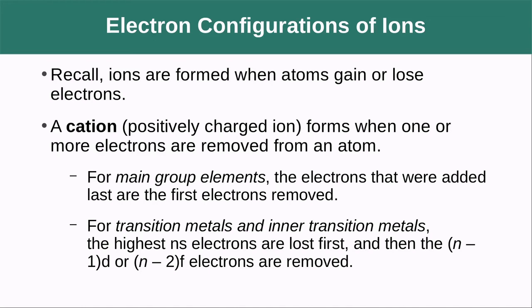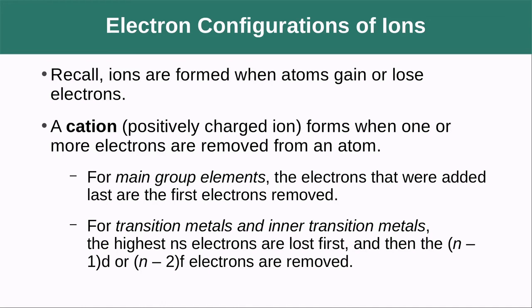So far we've been talking about neutral atoms. How are we going to handle this for ions? If we recall, ions are formed when atoms gain or lose electrons. A cation, a positively charged ion, forms when one or more electrons are removed from an atom.